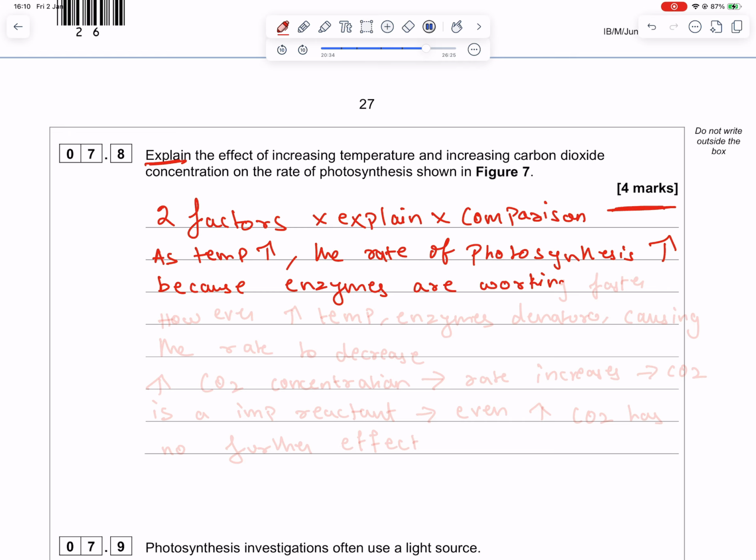And however, if temperature is too high, the enzymes denature, causing the rate to decrease.